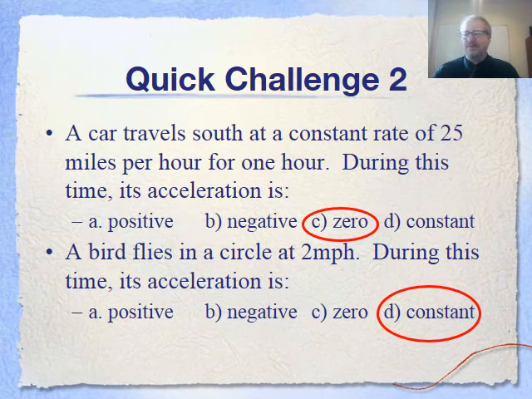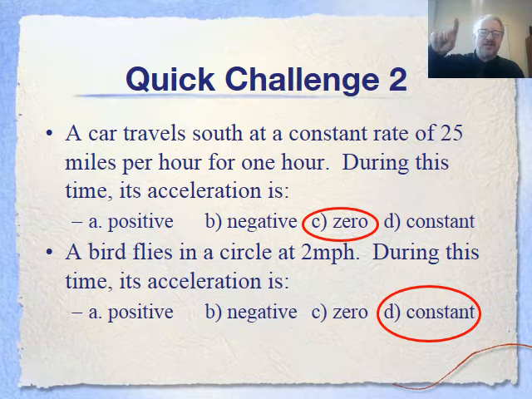The second prompt, which was already answered for you, stated a bird flies in a circle at 2 miles per hour. During this time, its acceleration is constant. That may seem strange because the bird's not speeding up and it's not slowing down, but it's moving in a circle, which means it's constantly changing direction, right? Because a circle is not a straight line.